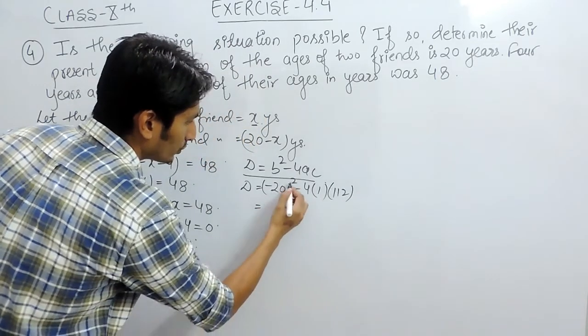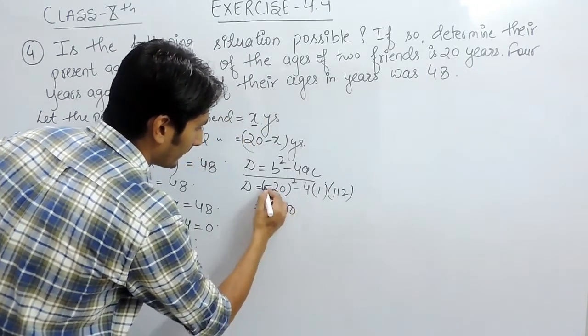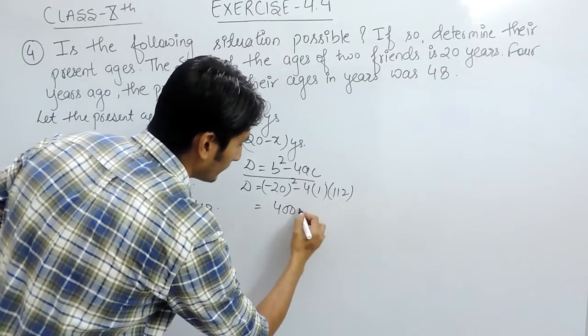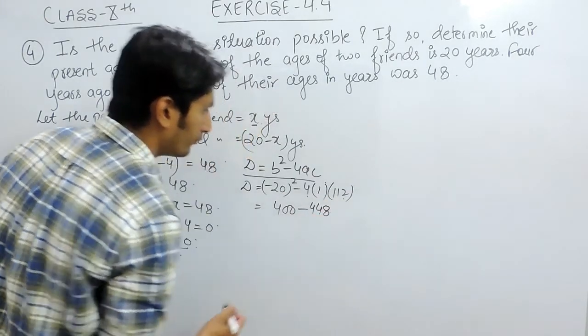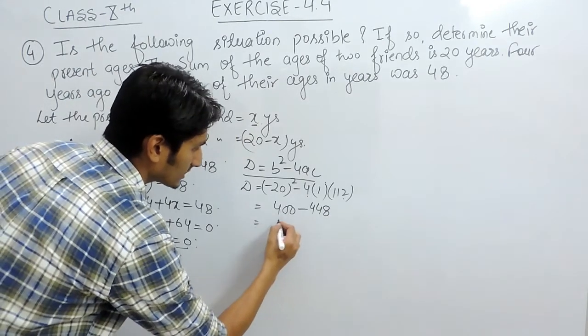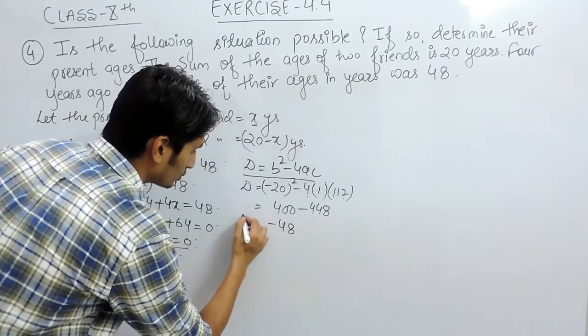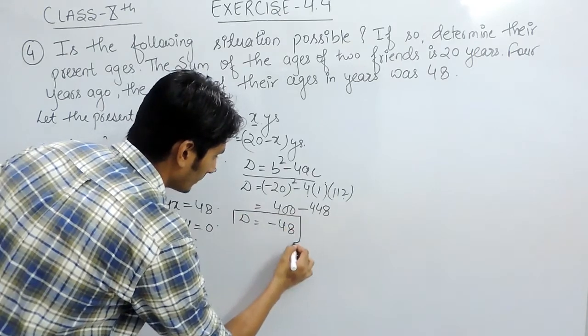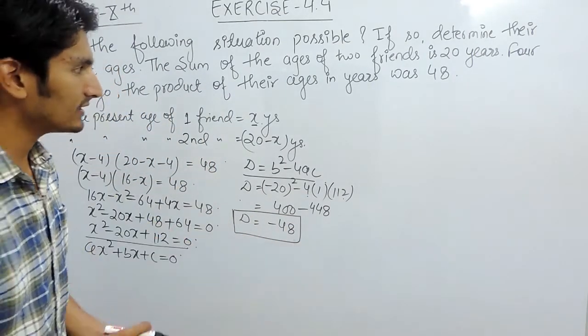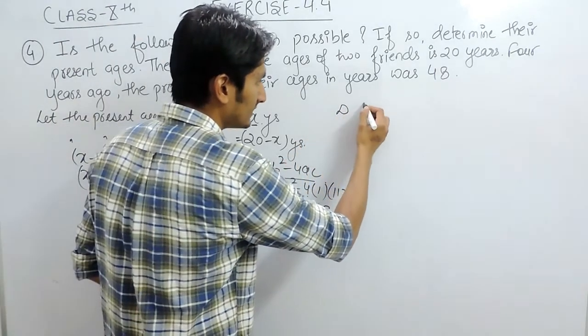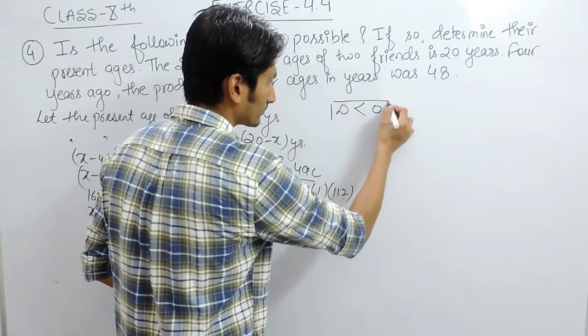So in this case 20 square is 400 and minus will be plus, and this will be minus 4 into 112, that is minus 448. So clearly the value of D is minus 48, which means the value of D is less than 0.